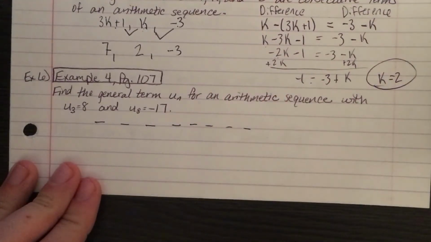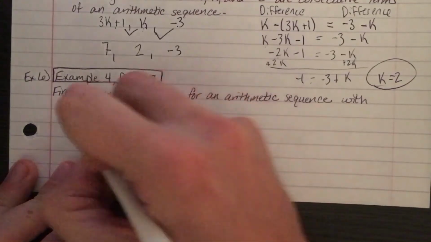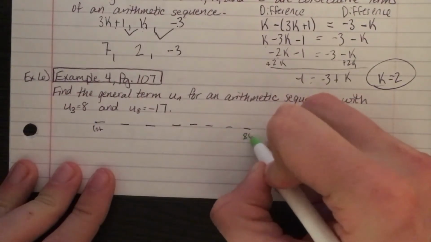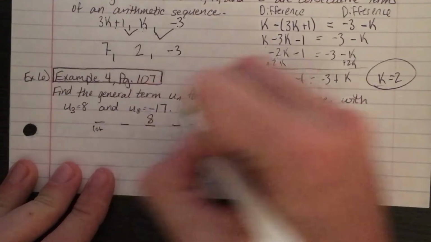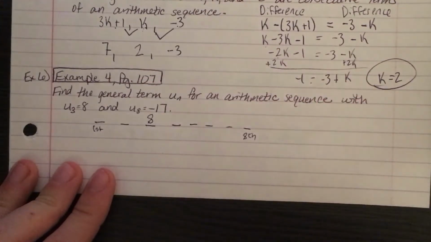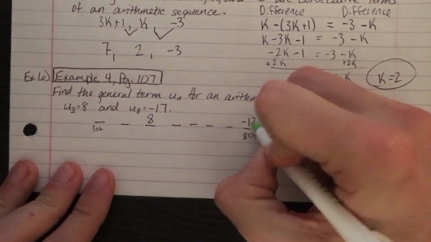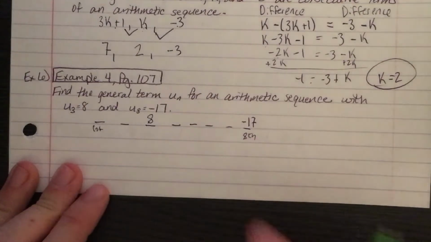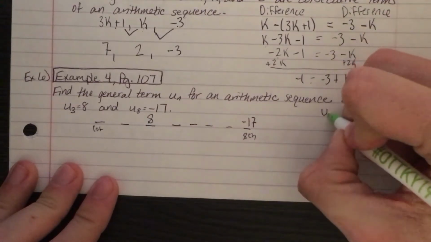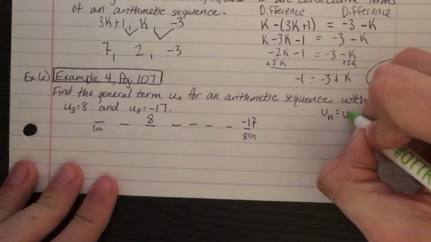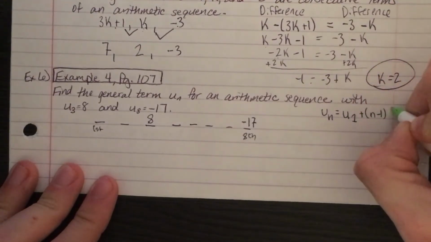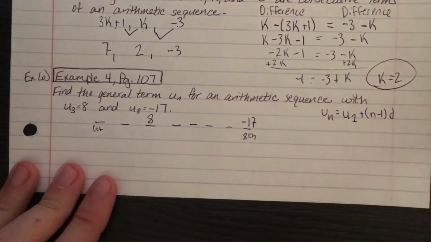So this is the first term, this is our eighth term. So we've got 8, and the other term that we've got here is negative 17. And we want to write an equation of the form un equals u1, the first term, plus n minus 1 times the common difference.